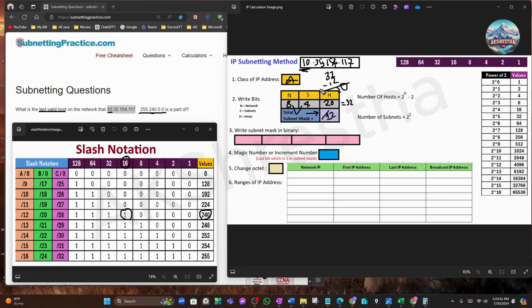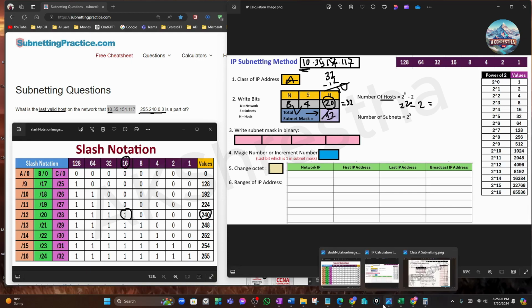So now you can calculate how many hosts there are. This is our host, right? 2 to the power 20 minus 2 equals, you can calculate yours, and let's see how much we get here.